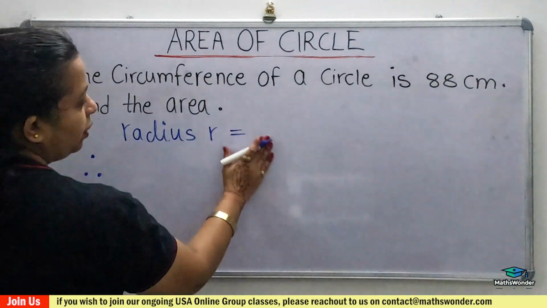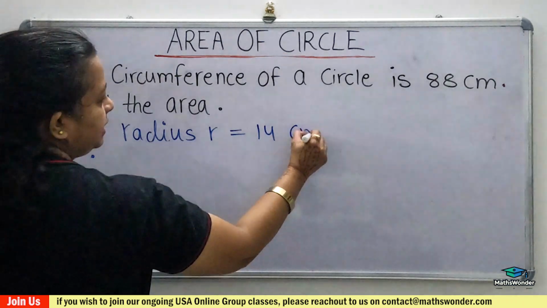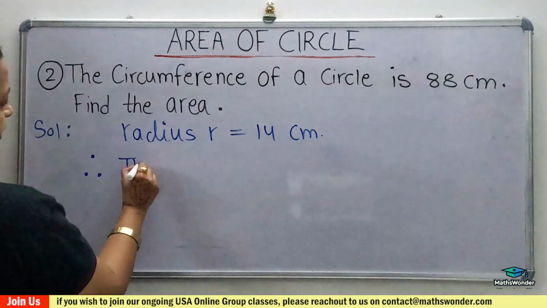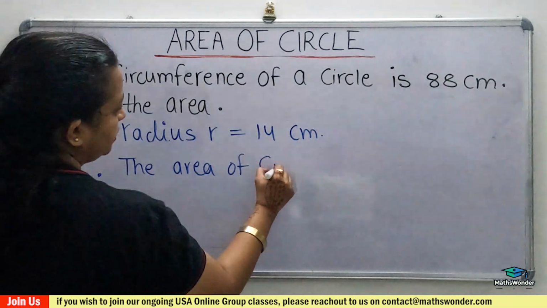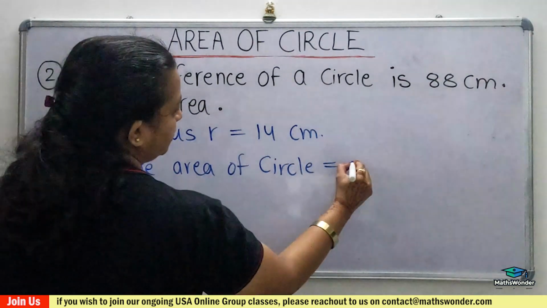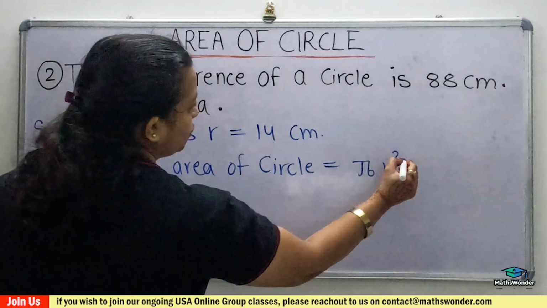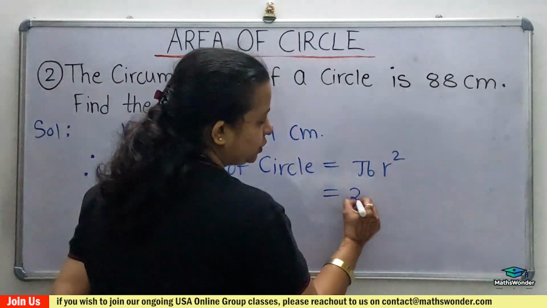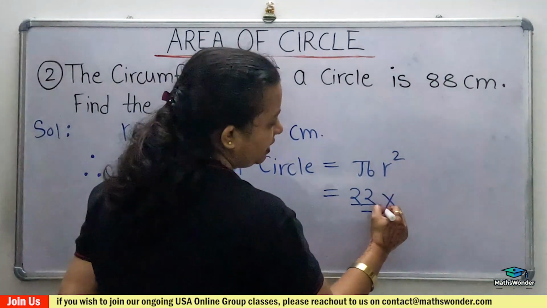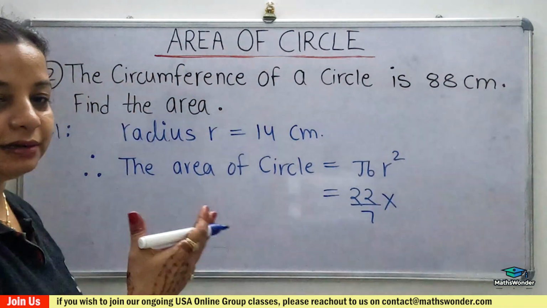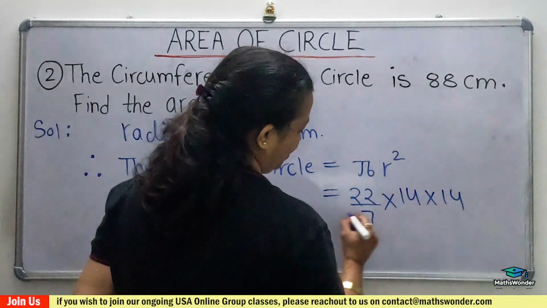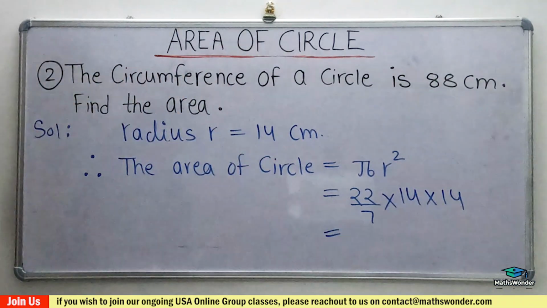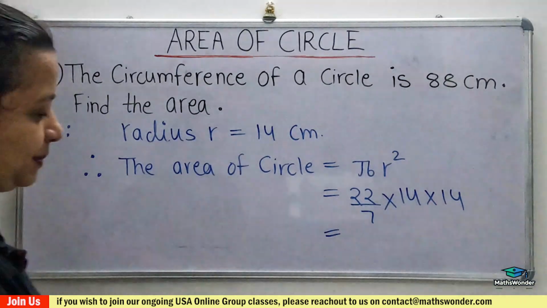Now radius we got it, which is 14 centimeters. Now the area of circle, which is pi r square. Pi is constant, as you know, 22 over 7. R square means you will write 14 square.